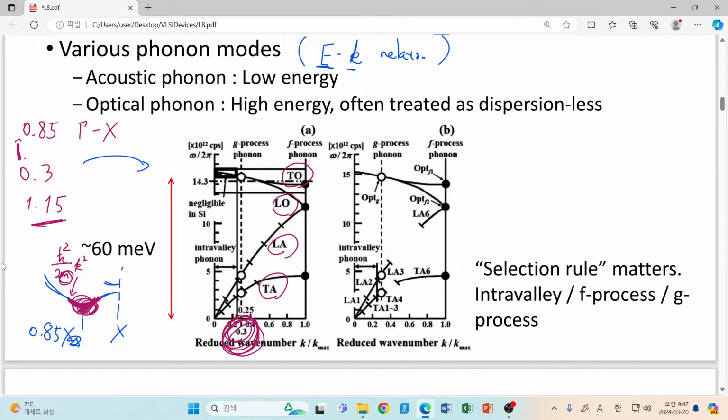Once we have 1.15, what is it? Since we are adopting the first Brillouin zone or reduced zone scheme, the value exceeding the range of the gamma to X point should be just mapped and placed at a negative value.